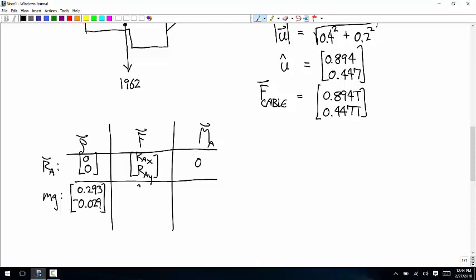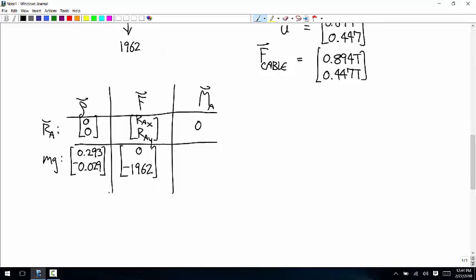The weight force is 0, negative 1962. And what's that cross product? Negative 574.9. Okay.